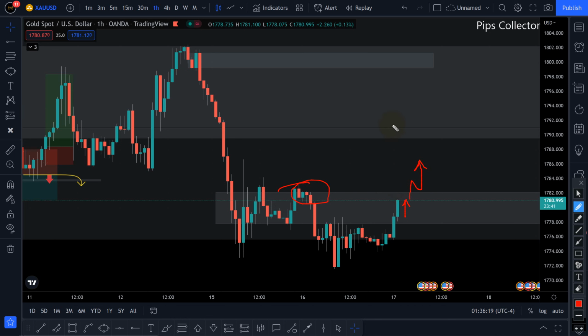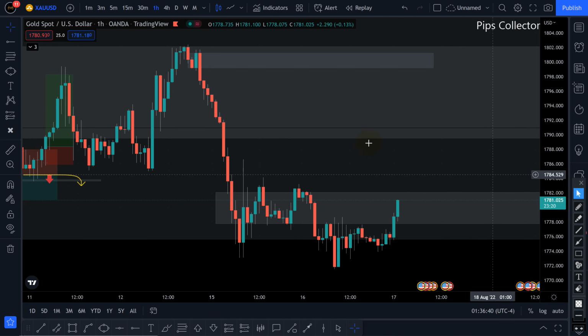This is clean traffic going up, or we look for sales coming down. This is just what I'm looking at on gold. Very simple, straightforward. The last but not the least is Bitcoin.